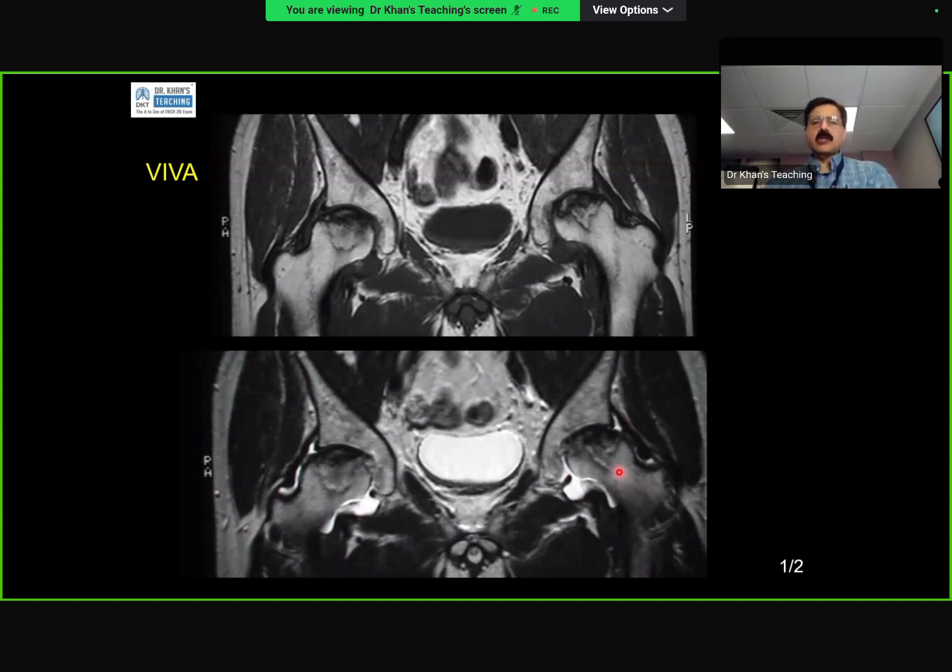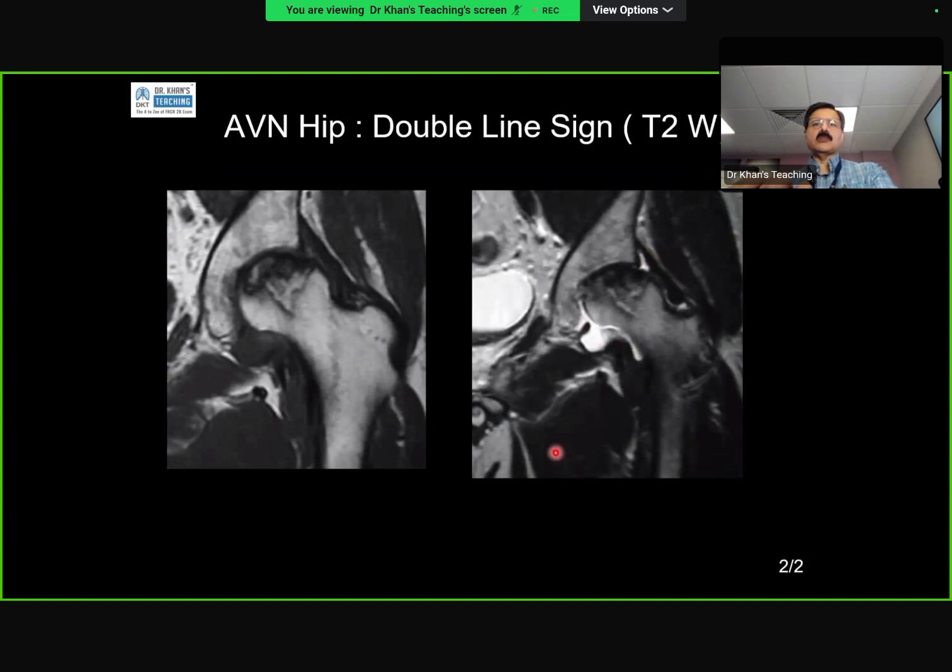Right. So here you can see that double line sign which I was mentioning. This line where I am pointing, the outer is low signal, and the inner one is high signal, and this is what the double line sign is about. And this double line sign is always seen on a T2 weighted sequence.